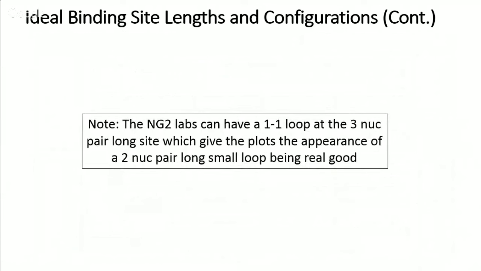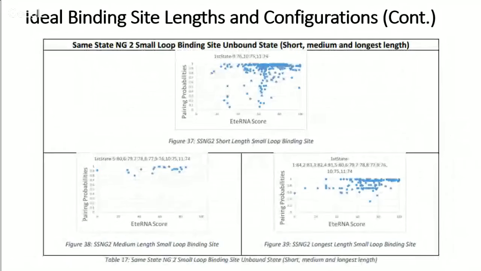Gonna have a 1-1 loop at the 3 nuke pair long site. And this can give the appearance of, actually that should be a 3 nuke pair long small loop being really good, and not a 2 nuke pair small loop. So this will give the appearance of a 3 nuke pair being really good when it's really a 3 nuke pair with a 1-1 loop, and the rest of that binding site is bound.